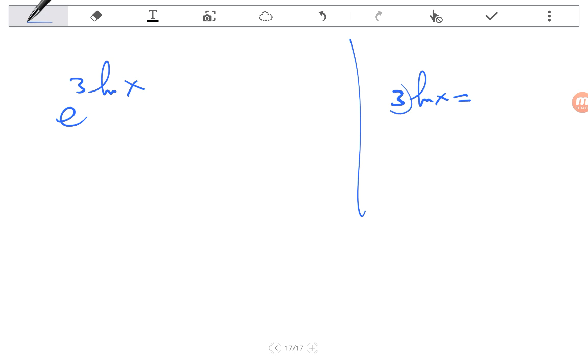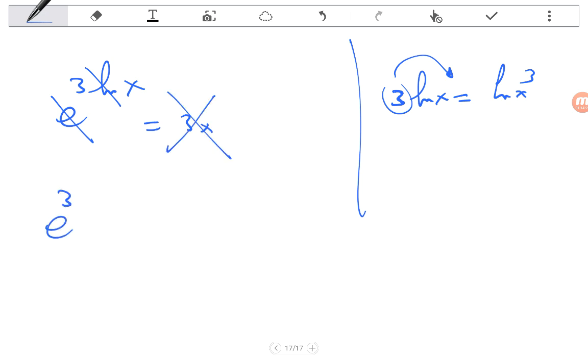There is a rule that the 3 can go up to the exponent, so that will be ln x power 3. You need to revise the rules of the logarithmic function. So I may not cancel these like this. This is wrong. How would I deal with this function?